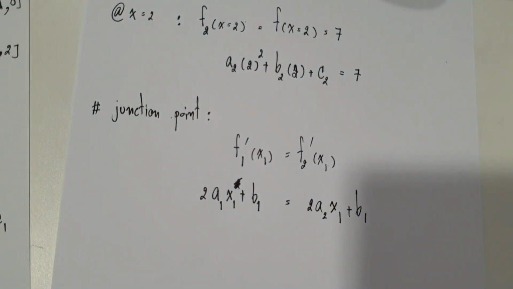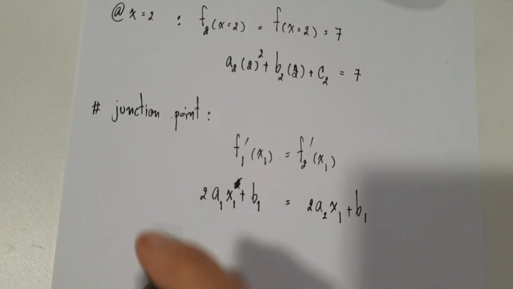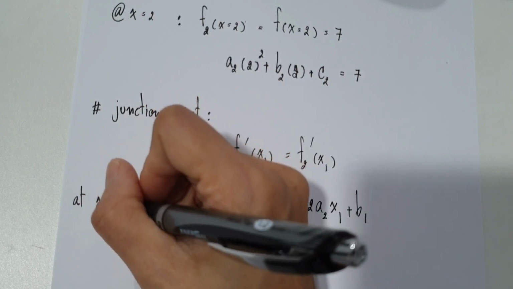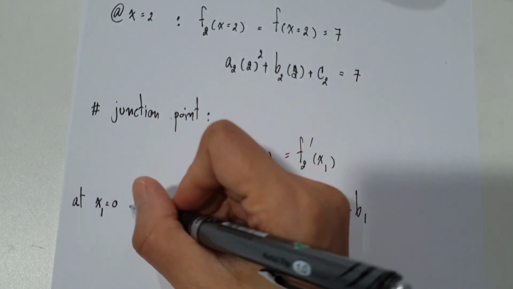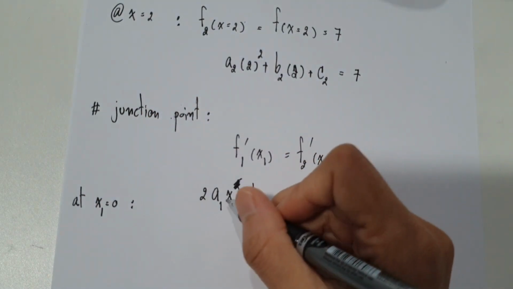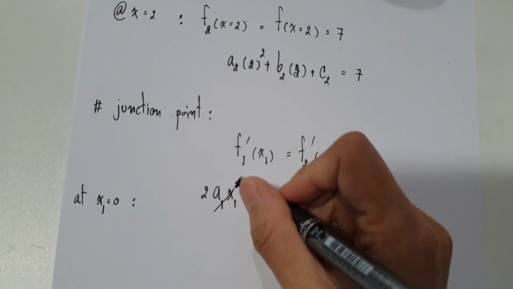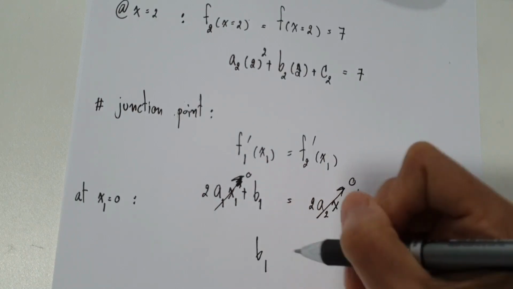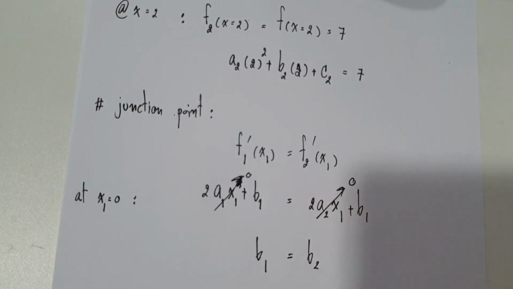This is the condition that we can create. So far we have 5 equations, right? And at the junction point, which is x1 equal to 0, this term would be 0, this term would be 0, so from here we get b1 equal to b2.